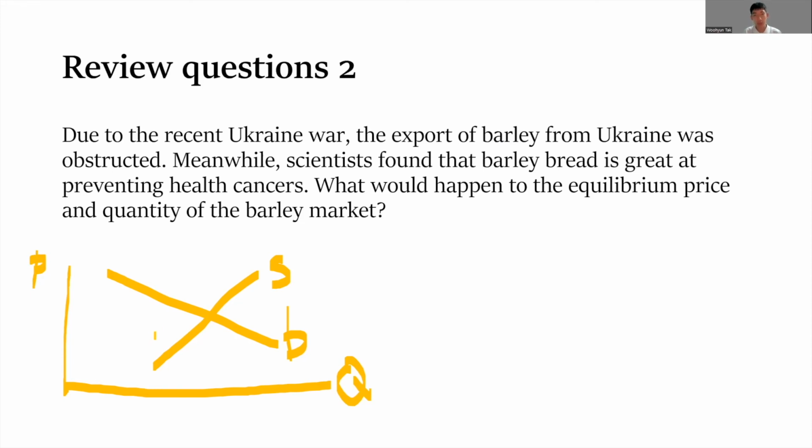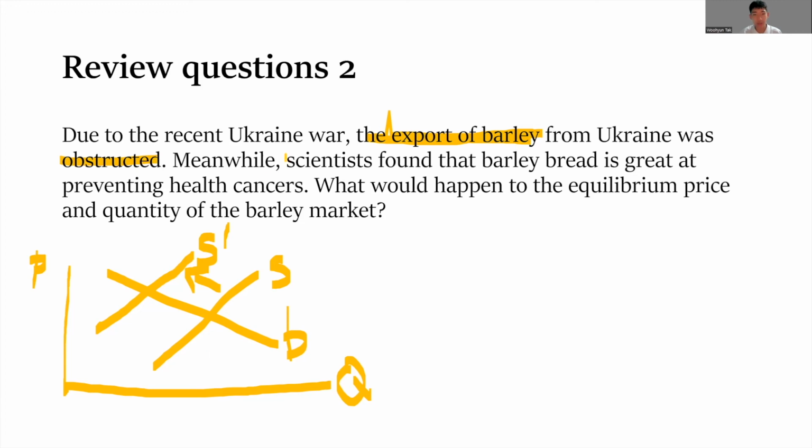For free response questions on the AP exam, you will be asked to draw actual graphs like this, and this kind of question will be frequently asked especially in multiple choice questions. So the export of barley, which is a resource for production, was obstructed due to the war. Therefore, supply shifts to the left.